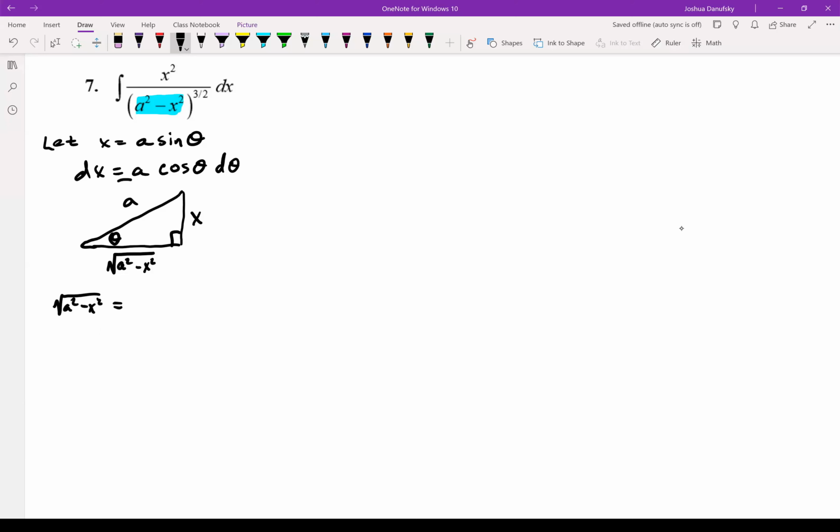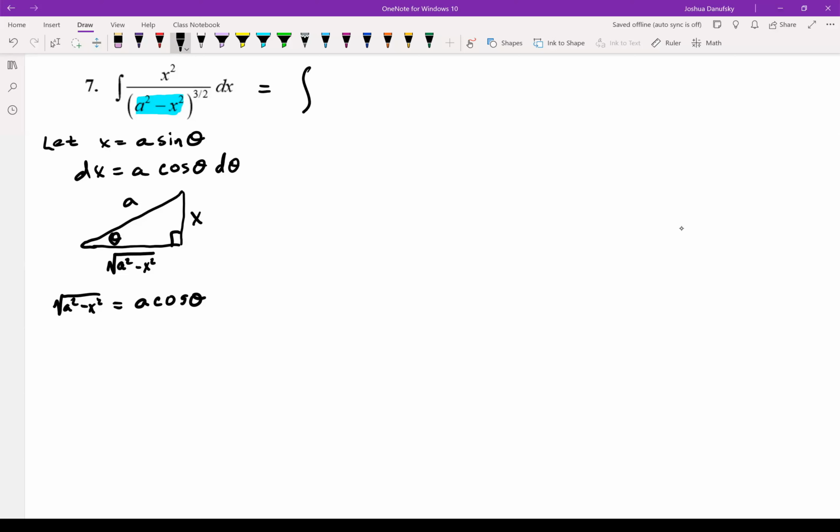So if we look here, we notice that the cosine of theta is equal to the adjacent leg over the hypotenuse. So we have that the square root of a squared minus x squared is equal to a cosine theta. So now we're ready to make our substitutions.